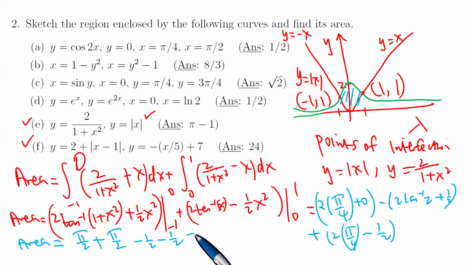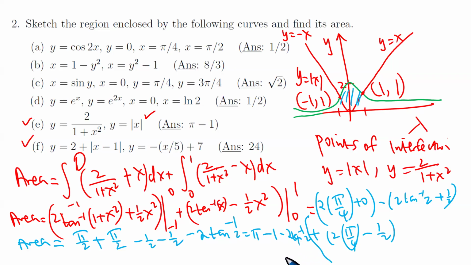And then it's going to be minus 2 arctan 2. The pi over 2 gives us pi. Minus half is minus 1. Minus 2 arctan 2.